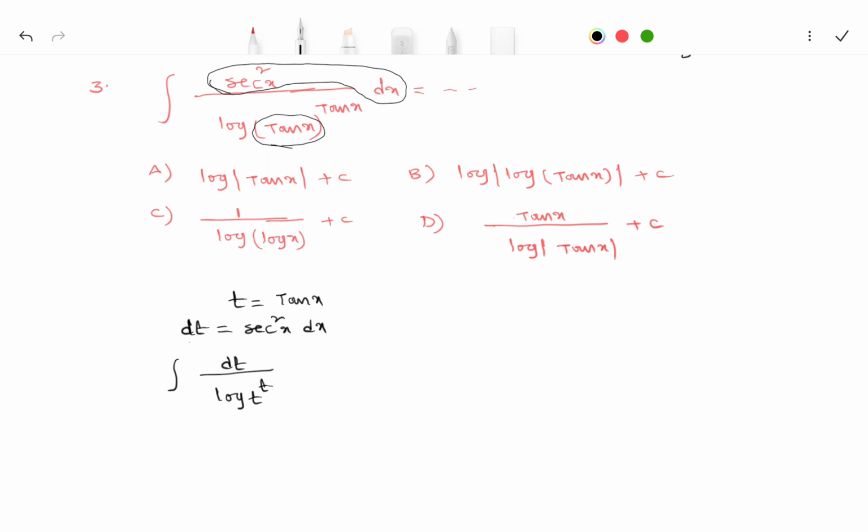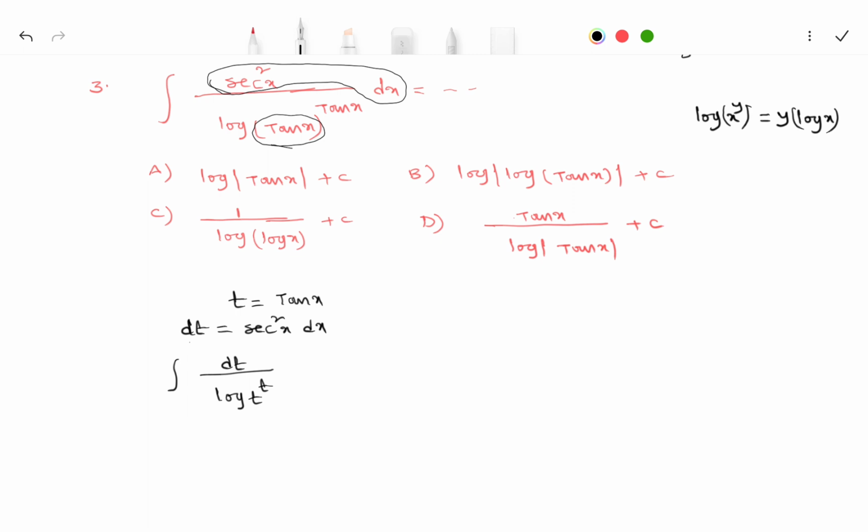Now one thing everyone should recall: what is the value of log of x to the power of y? This is one of the logarithmic properties. Log of x to the power of y can be written as y into log x.